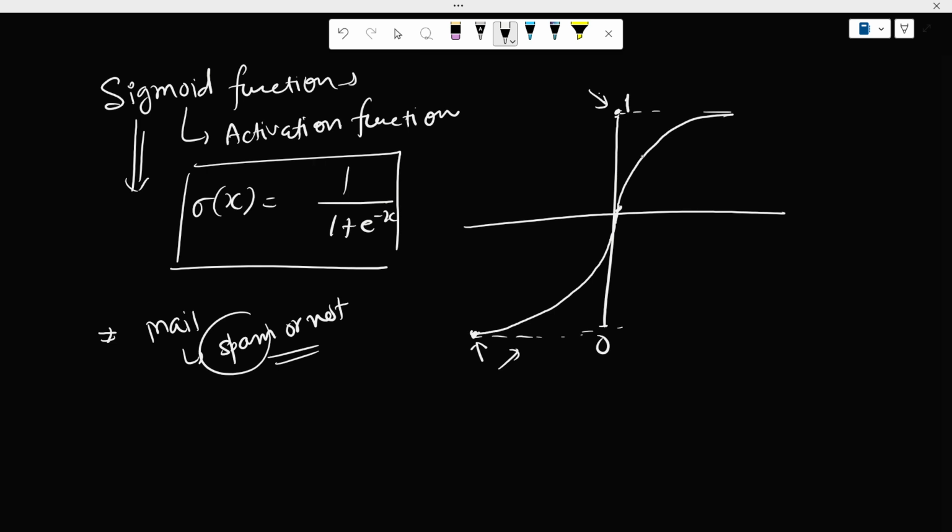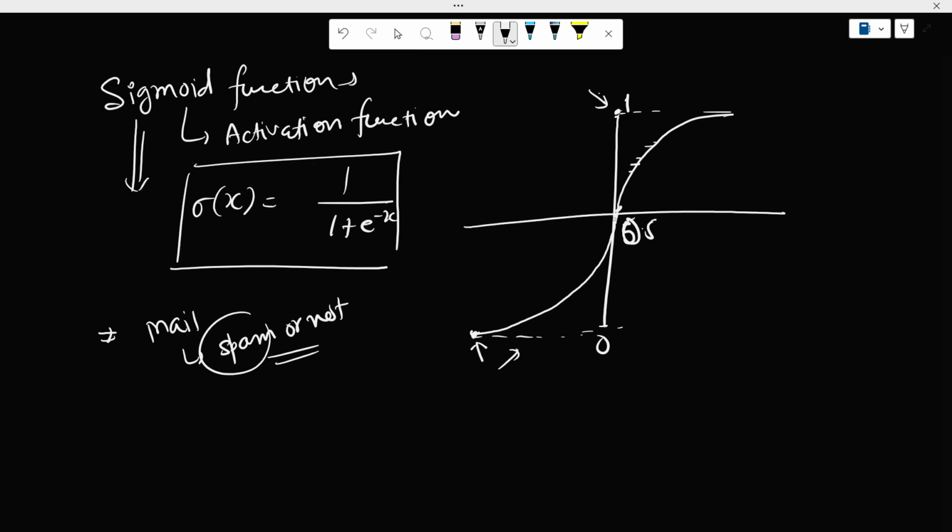So if you are sure that yes, it's a spam, you are at 1. But if you are not sure, but you think it's likely to be a spam, then you will be somewhere in between. This is 0.5, so there are 50-50 chances that it could be a spam mail or not a spam mail.